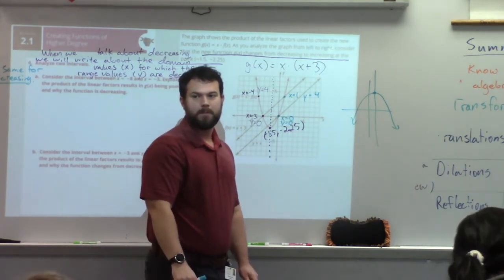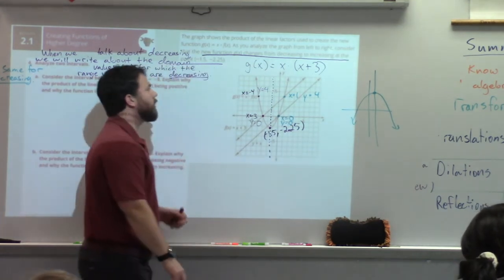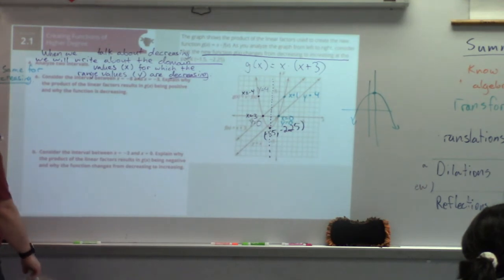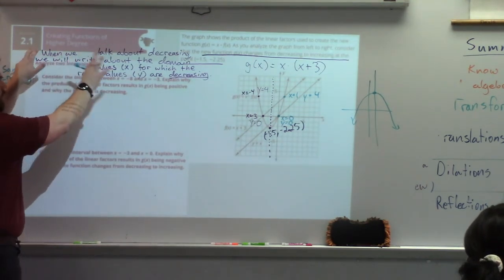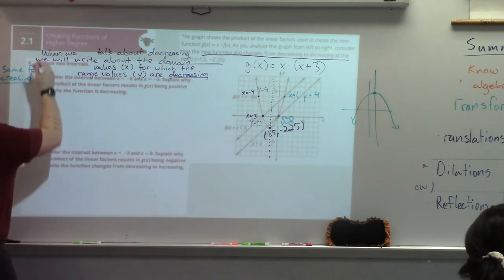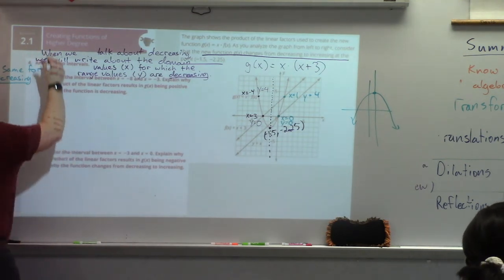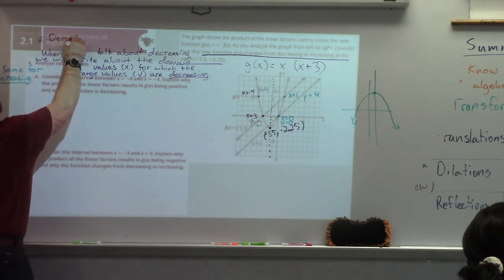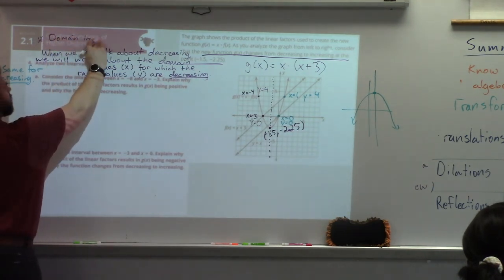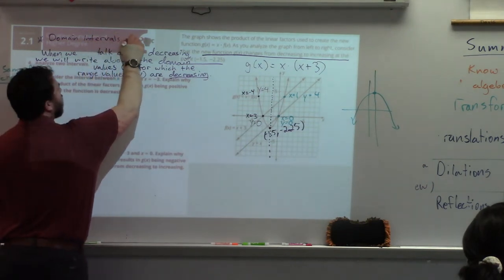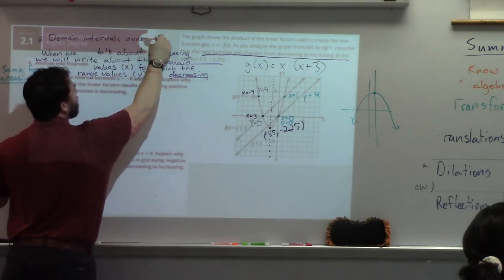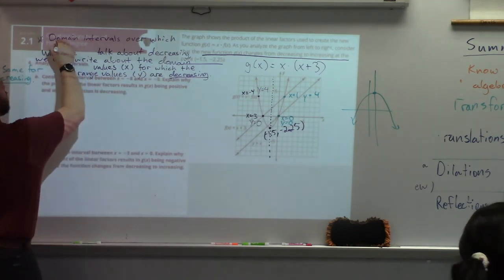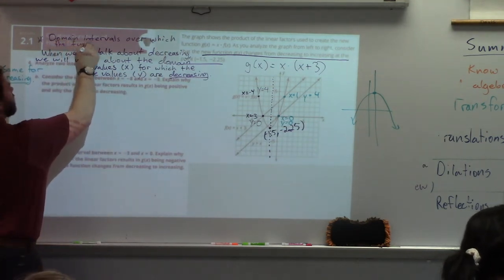Okay? So, a quick thing I do want to note, the way that I will always talk about it to make sure that we're trying to be clear about this is, instead of just saying decreasing and increasing, I will talk about domain intervals. And I'll explain more about why I use the word interval later. But domain intervals over which the function decreases.